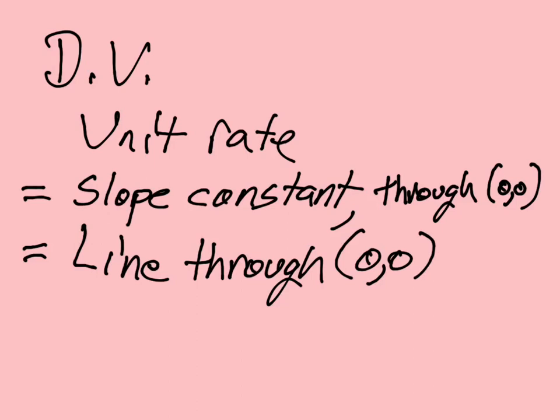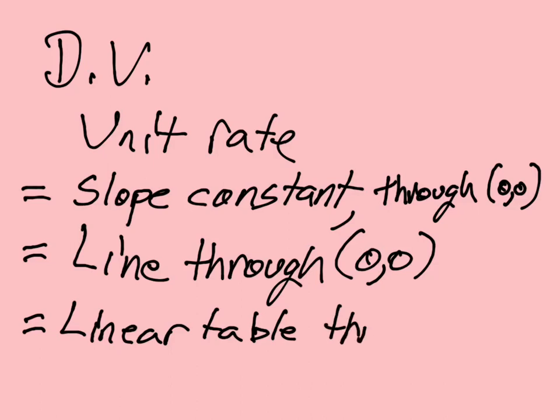So unit rate is the same thing as having the slope constant going through 0, 0, which is the same thing as having a line through 0, 0, which is the same thing as having a linear table through the origin, 0, 0.